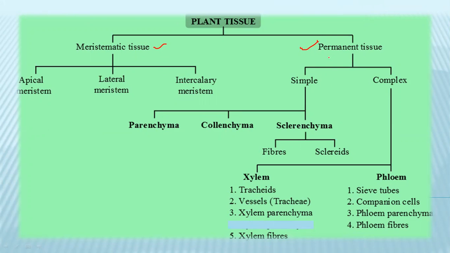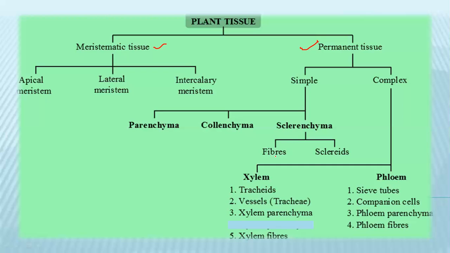Permanent tissues are simple and complex tissues. We will talk about all of them in detail. Simple tissues are divided into parenchyma, collenchyma, and sclerenchyma tissues. Then we have complex tissues in the form of phloem and xylem.